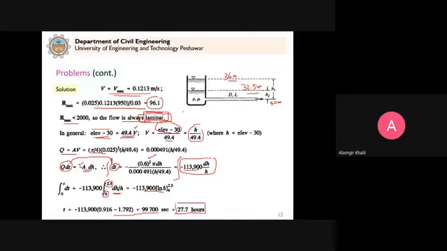Clear? That's why in the beginning I told you that these are different concepts. Don't try to combine them. You already studied them in fluid mechanics 1. You studied about compressible and incompressible fluid, which is related to the density. If the density is constant, we say the fluid is incompressible. If the density is variable, the fluid is compressible.